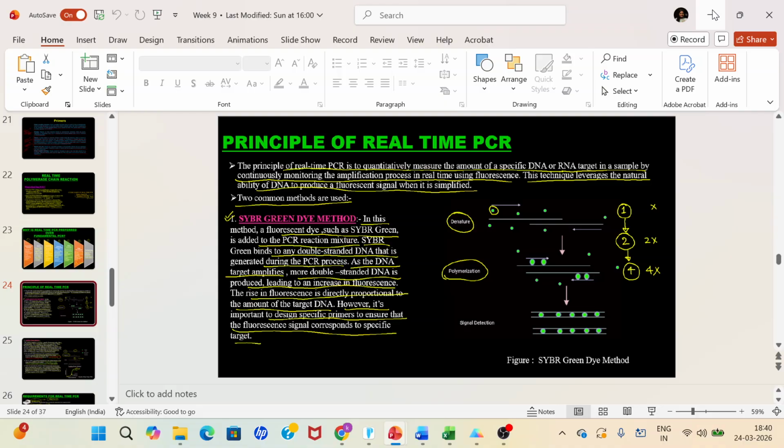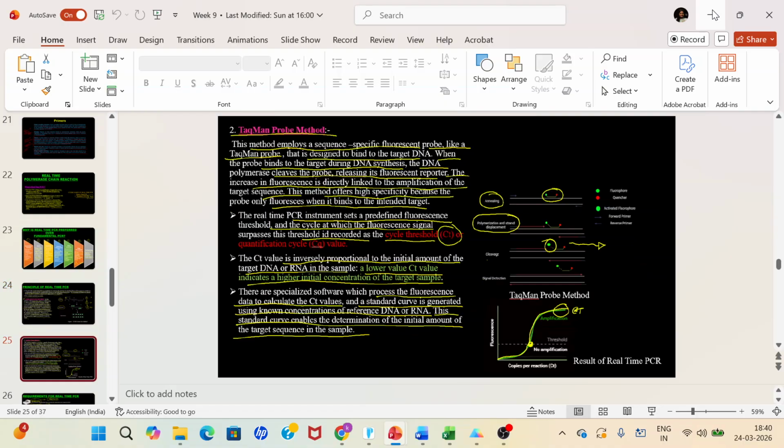It is important to design specific primers to ensure that the fluorescence signal corresponds to the specific target. Okay. So basically the SYBR Green method is used to stain it properly. The PCR mixture is the one in which you put the SYBR Green.